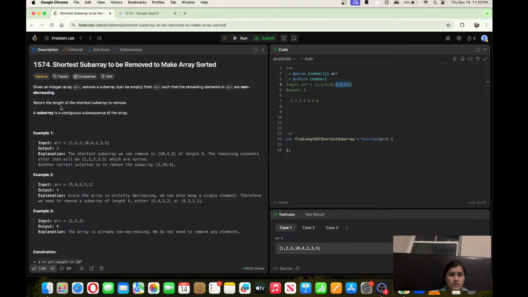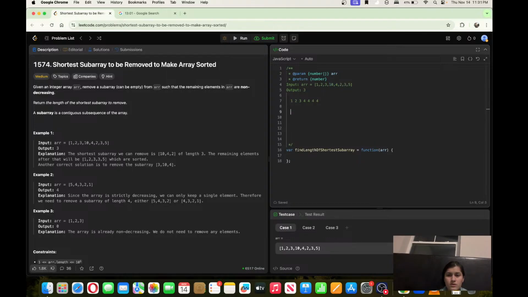So return the length of the shortest subarray to remove. A subarray is a contiguous subsequence of the array. Okay, or maybe actually I could remove this, because if I remove this, then 1 2 3 3 5 is still a non-decreasing array.